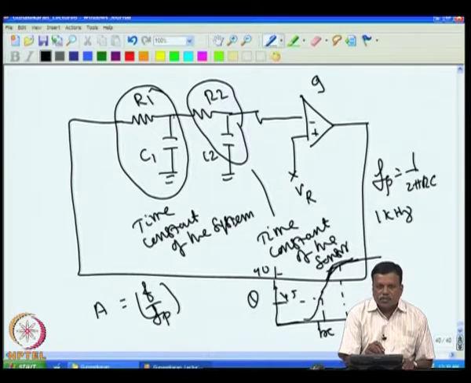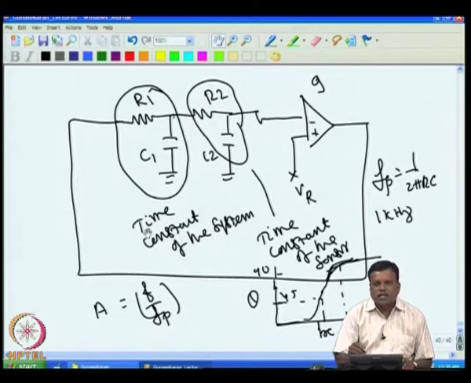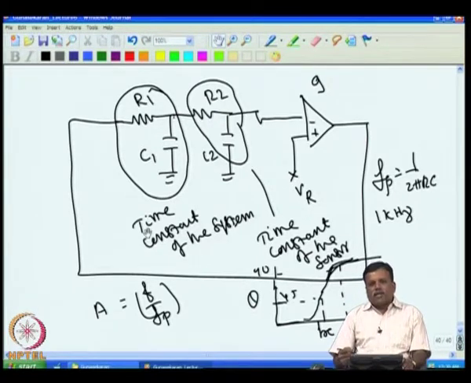Now the question comes: if I have a system like this, having understood how the attenuation is taking place here and then here, and how the loop phase shift is coming around, we should try to find out what condition you need to avoid the system oscillating.